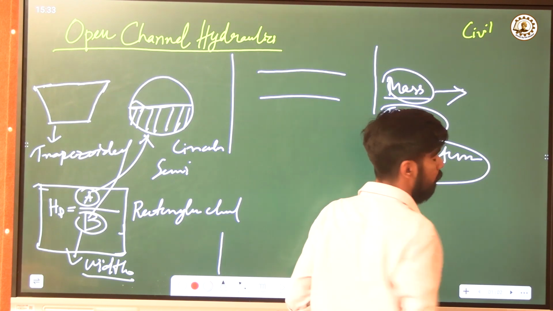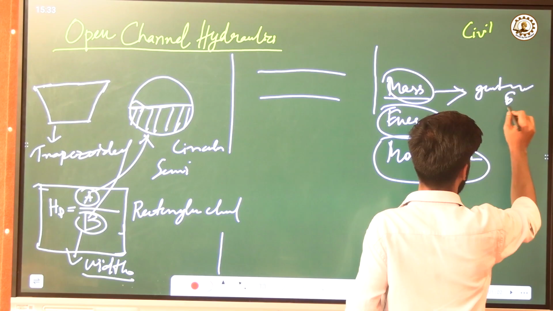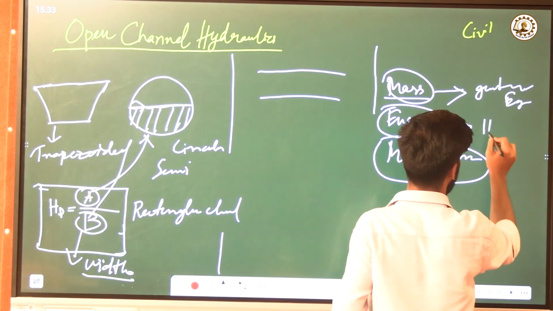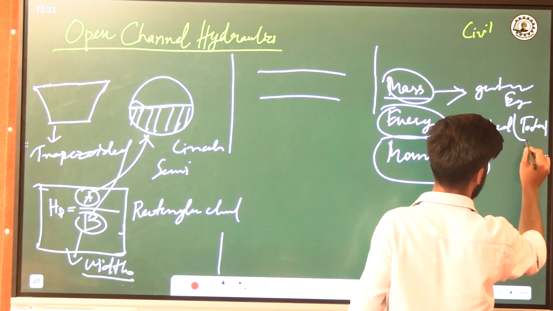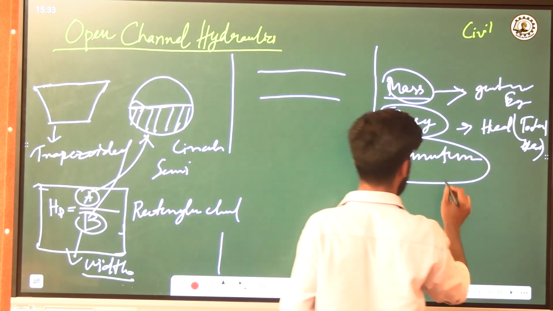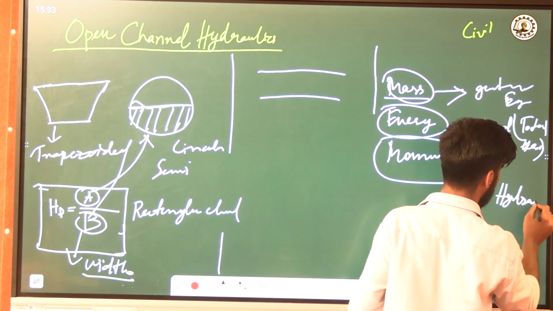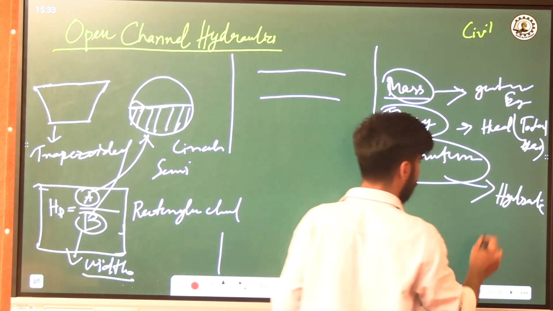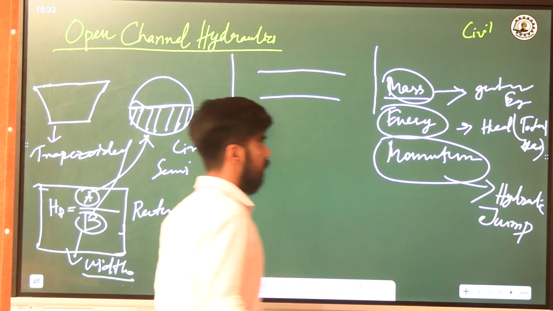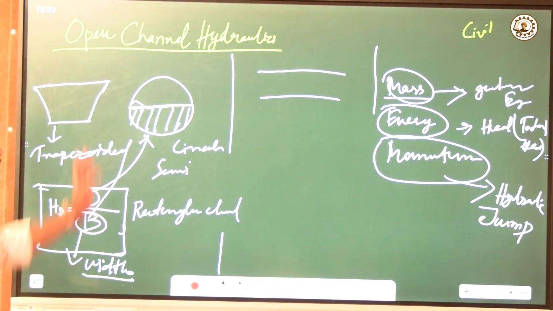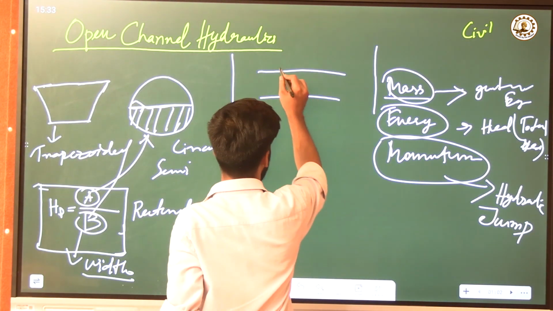The conservation of mass gives the continuity equation, energy gives the head or total head, I will explain this later. And momentum we will understand through the most beautiful natural phenomenon of our environment, the hydraulic jump. These are the mathematical and physical significance of open channel flow.